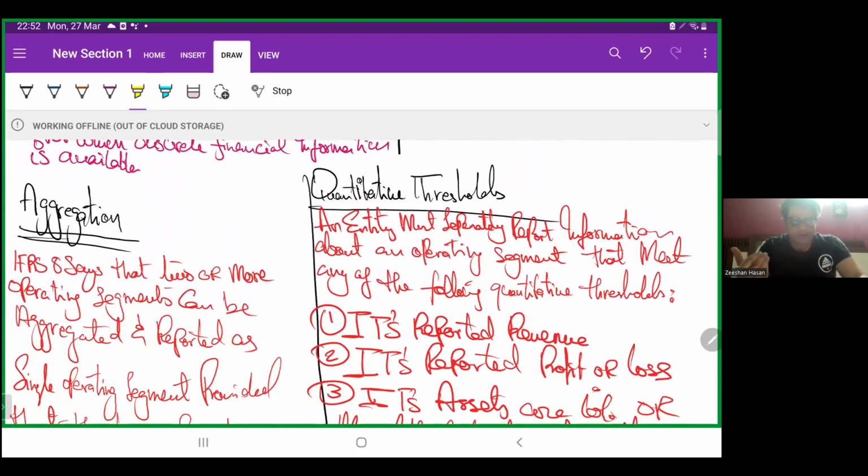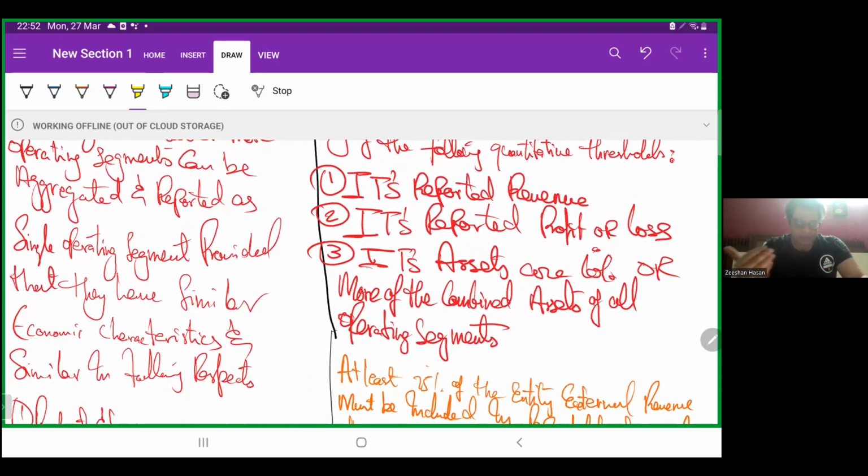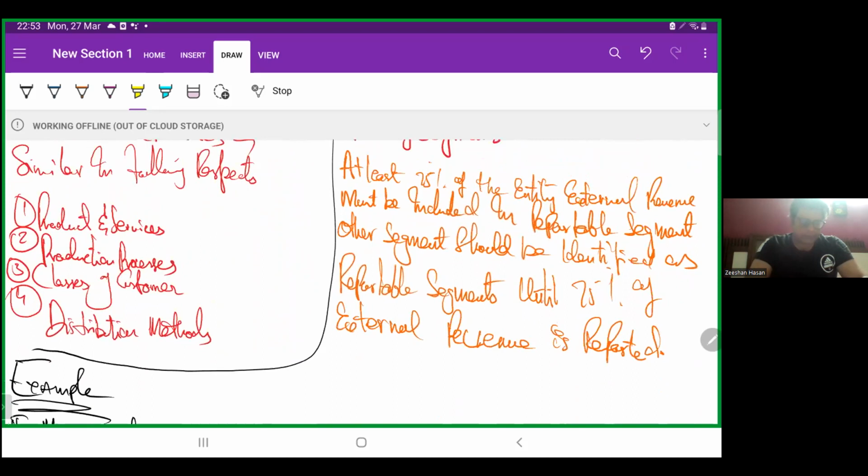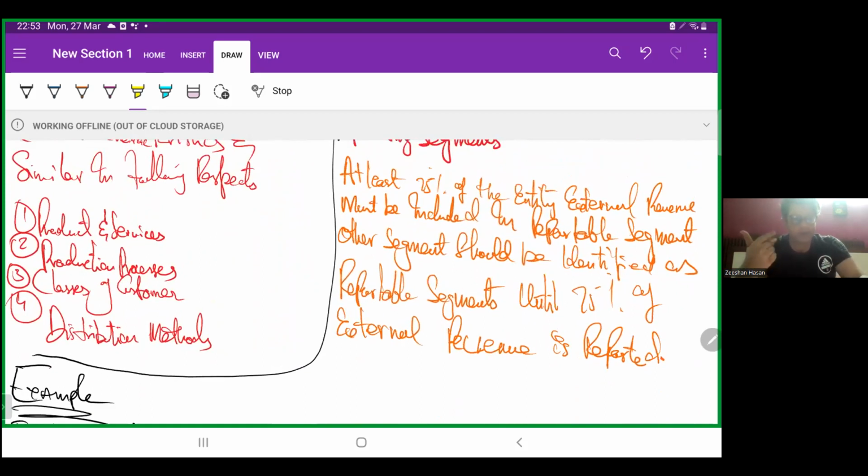IFRS 8 says that two or more operating segments can be aggregated and reported as a single operating segment, provided that they have similar economic characteristics and are similar in the following respects. Number one, products and services. Number two, production resources. Number three, classes of customer.